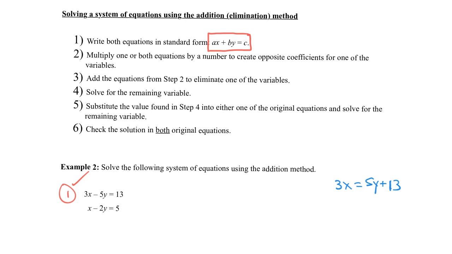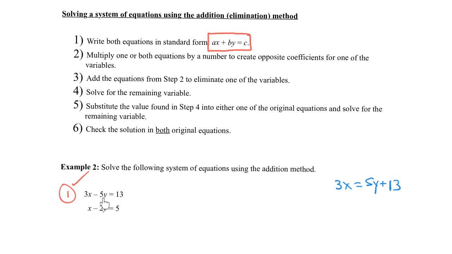Okay, so step two says multiply one or both equations by a number to create opposite coefficients for one of the variables. So what we want to do is see which one would be the easy way. I need to either eliminate the x's or the y's. The x's would definitely be easier because if you look at this bottom equation, we've got an x here. If I were to multiply this by -3, I'd get -3x, which is what I need to cancel.